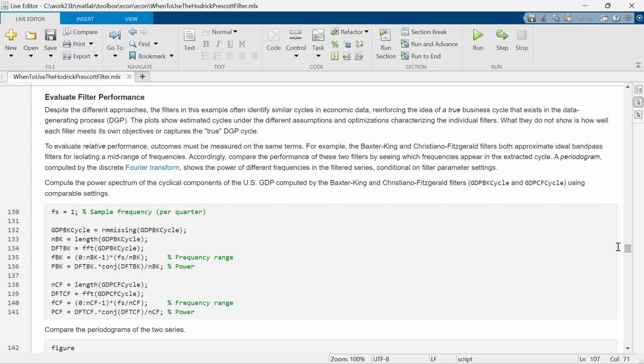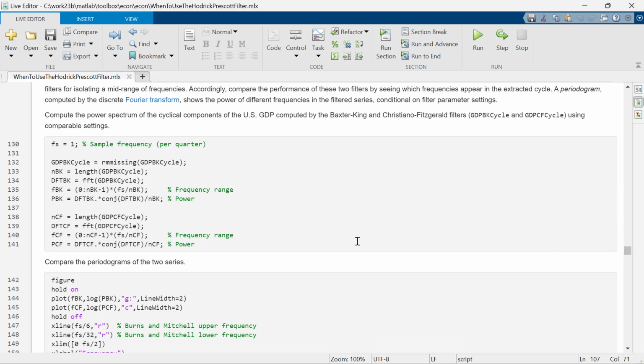If two filters have similar goals, we can take them at their word and compare them with respect to those similar goals. For example, the Baxter-King and Cristiano-Fitzgerald filters are both bandpass filters, supposed to capture a business cycle between two frequencies or two periods in the data.